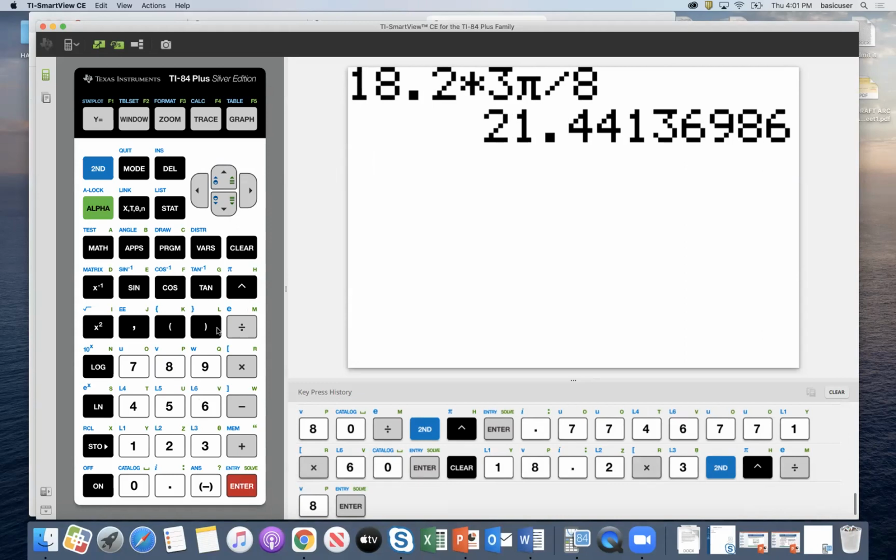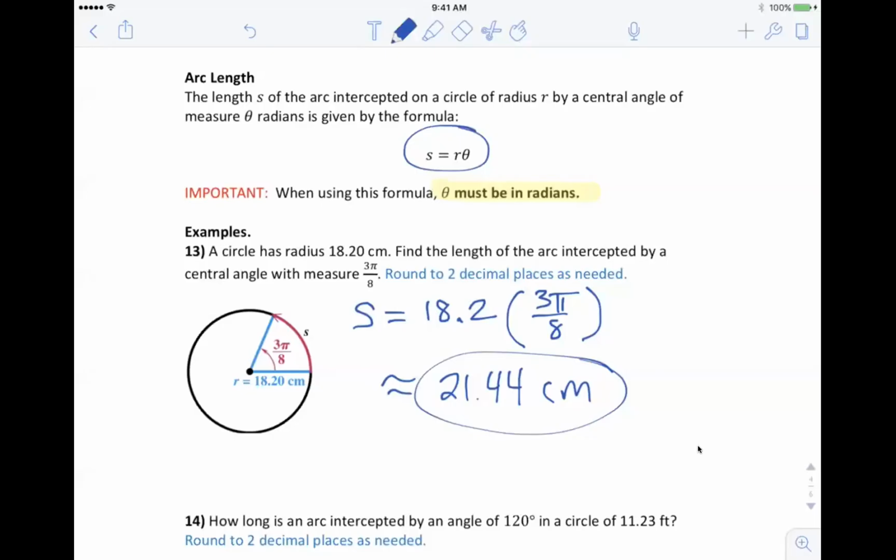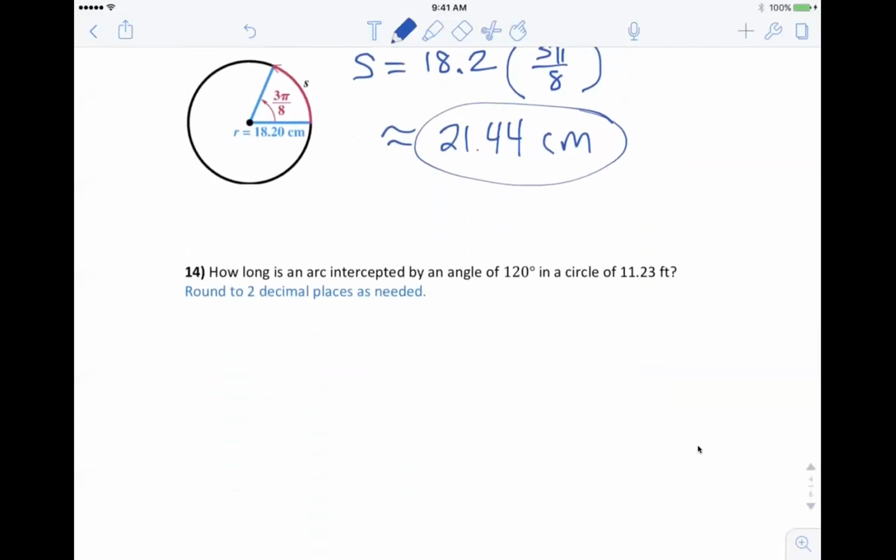How about the next one, where notice the angle is given in degrees. So we're going to have to do an extra step on that. How long is an arc intercepted by an angle of 120 degrees in a circle of 11.23 feet?